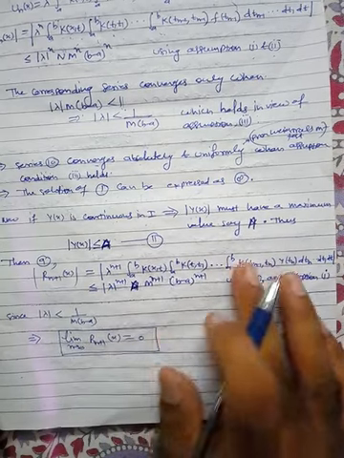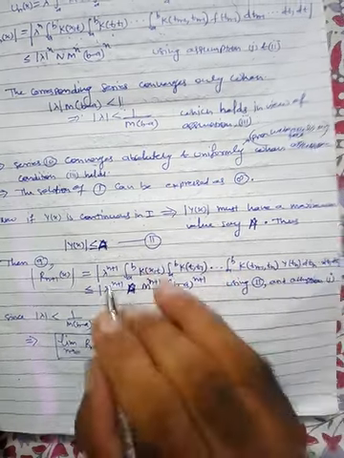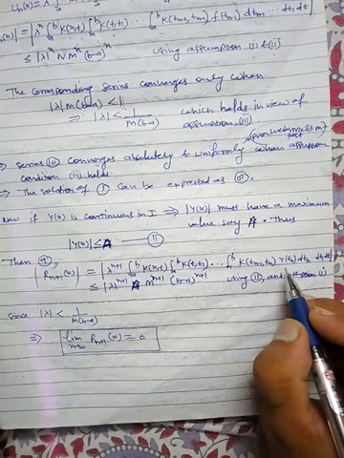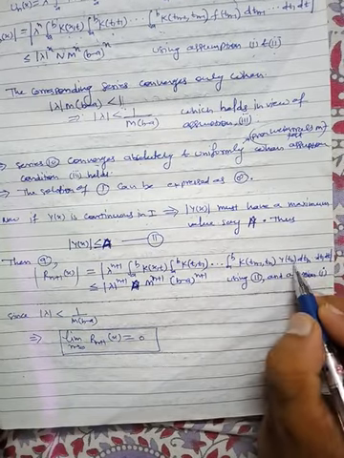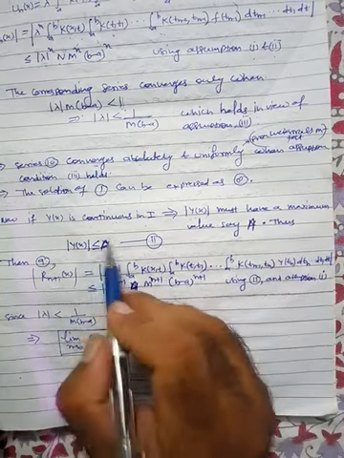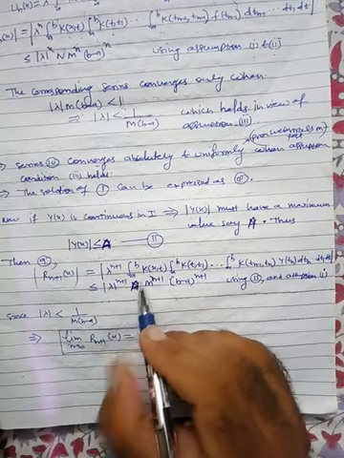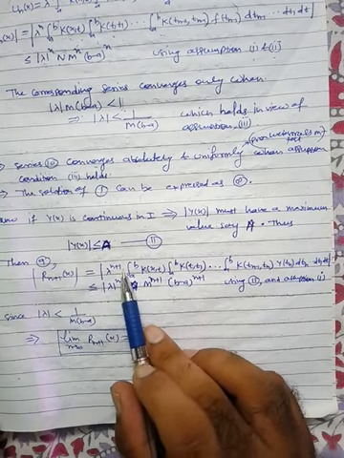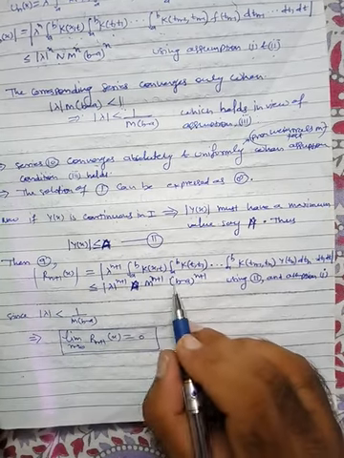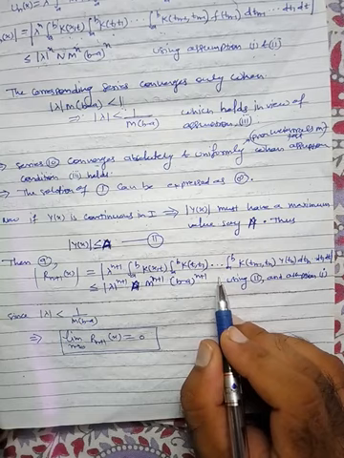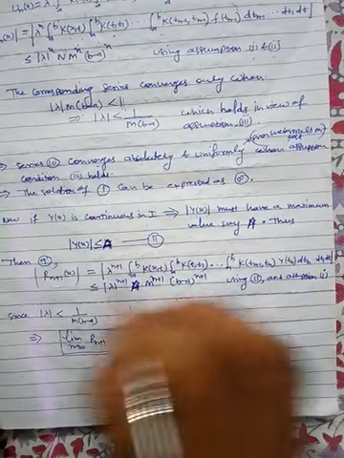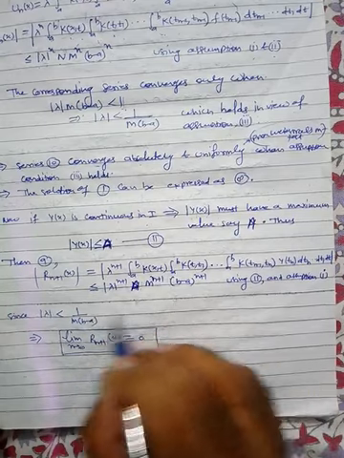After taking these constant values outside the integral, we have the integral a to b, a to b, a to b, and then the magnitude of y(t), also taken outside, which is less than A. So this is A. So only the integrals remain. How many integrals are there? Total n plus 1. After solving these integrals, we have b minus a raised to the power n plus 1. And since this condition holds, the ratio here is also less than 1.